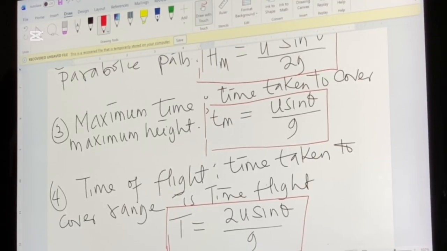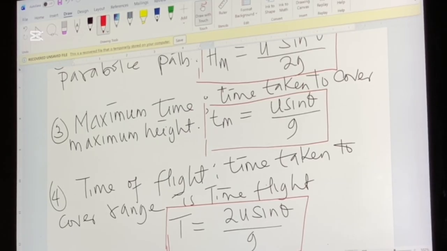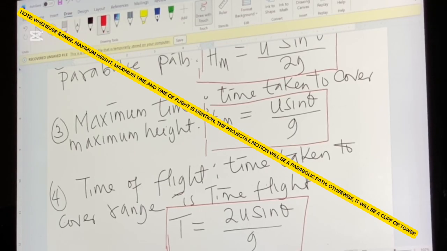Whenever you are given a question and in that question, cliff or tower is mentioned, know that the question is a projectile motion of an object launched from a cliff. Sometimes cliff and tower might not be mentioned, but in that projectile question there is no range, no maximum height, no maximum time, and no time of flight.